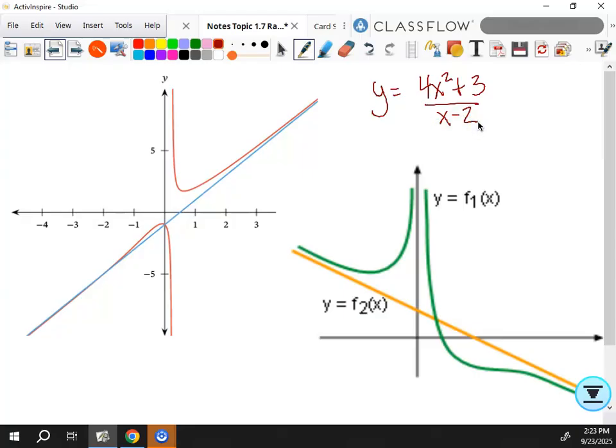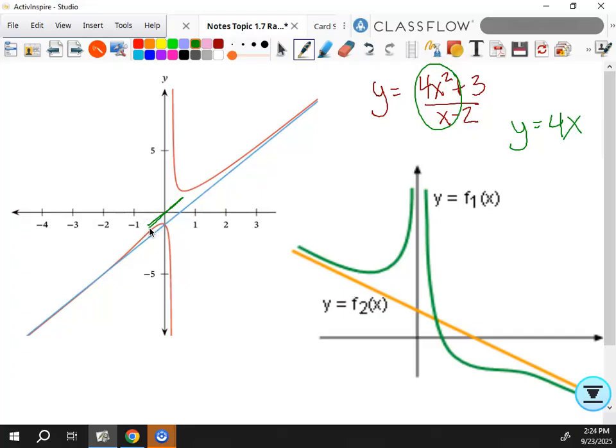That's not the actual function, but pretend it is. The blue line there is my slant asymptote. If I divide this and get y equals 4x, that line goes through the origin. We agree with that? That's my y-intercept. So it would actually be right here, parallel to that blue one.